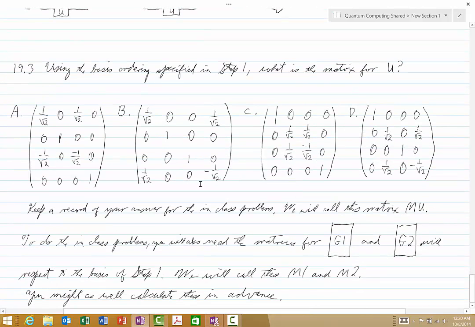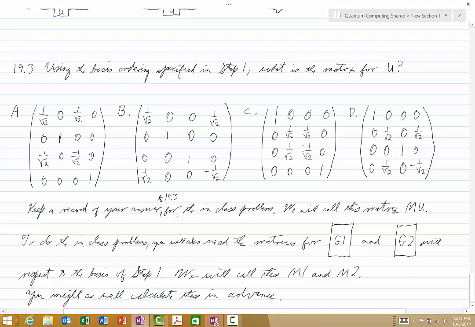And then the final remark is this: I'm asking you to keep a record of your answer for the in-class problems. And I mean for this, your answer to 19.3. Keep a record of your answer to 19.3 for the in-class problems.